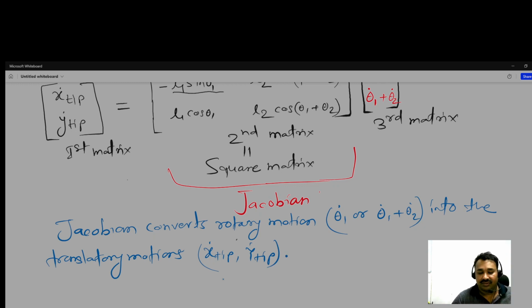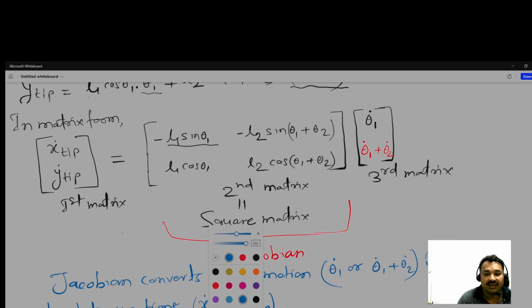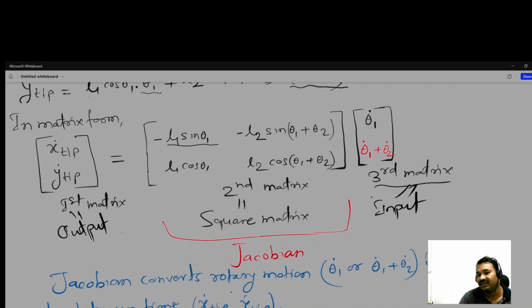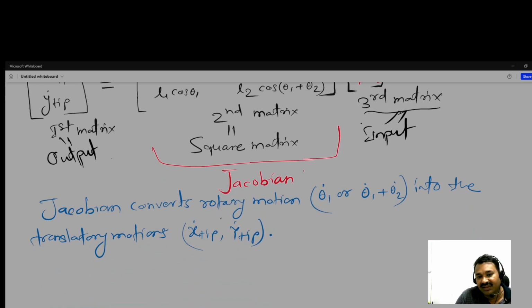Okay, so here you can see what is the input and what is the output. This is our input, this first matrix is our output, and this middle matrix is our Jacobian. So the Jacobian converts angular velocity into linear velocity. So this is the Jacobian.